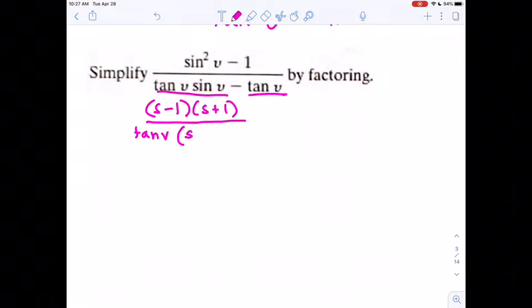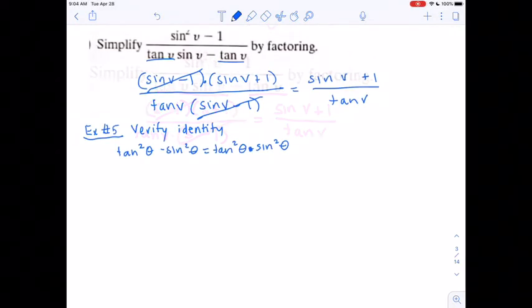Tangent of v we can factor out. We get sine minus 1 left. So sine minus 1 is a factor on top, it's a factor on the bottom, so we can reduce that, and our final answer is sine of the angle v plus 1 all over tangent.